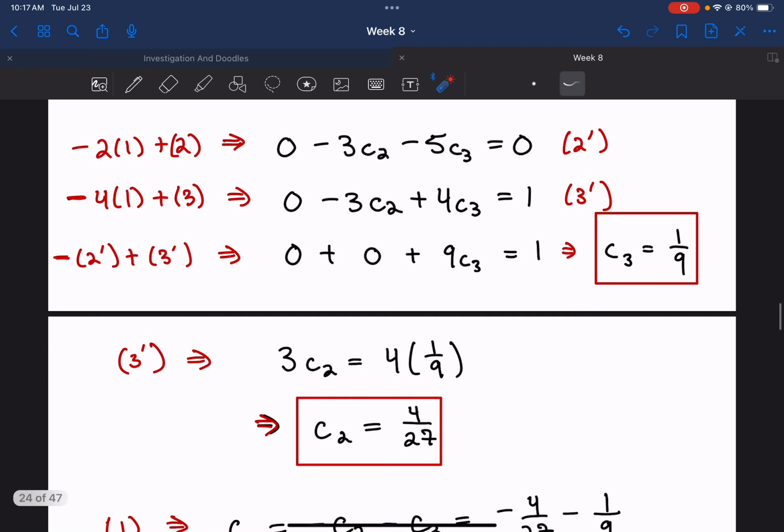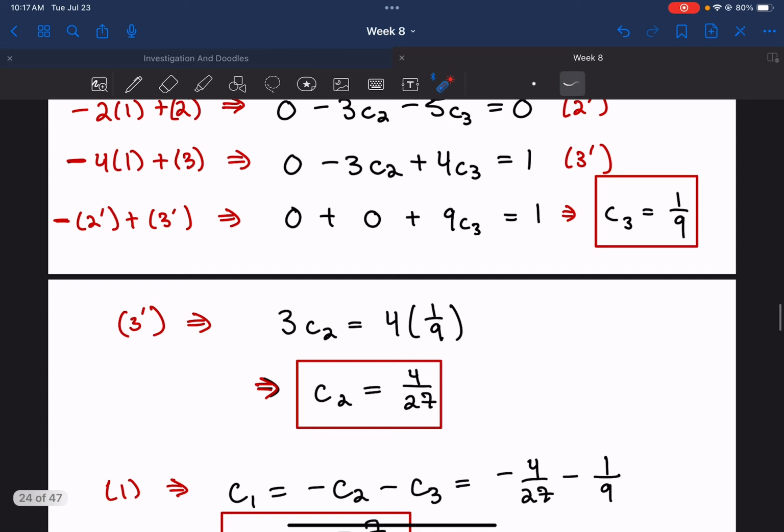Huh. I think I messed this up here. There should be a plus 1 on this side. Yeah, this looks wrong.